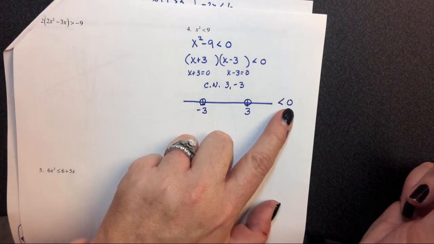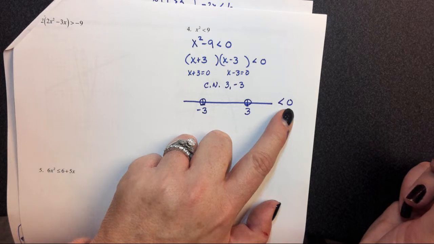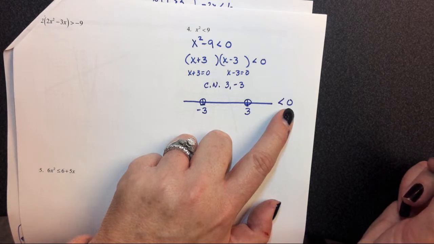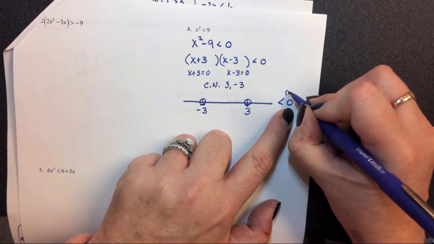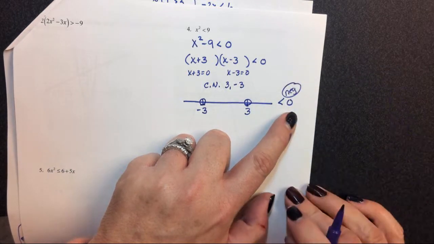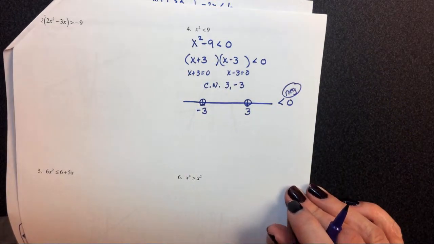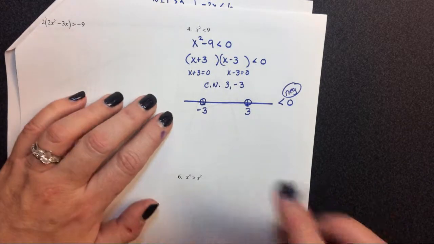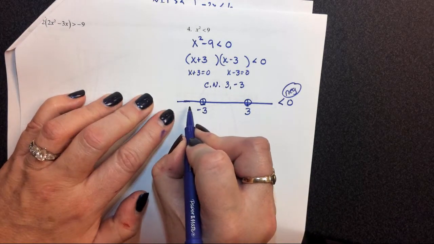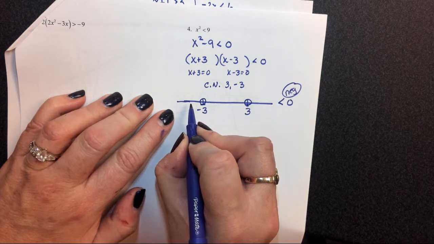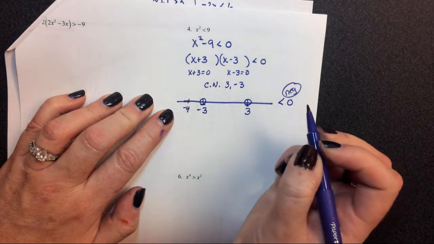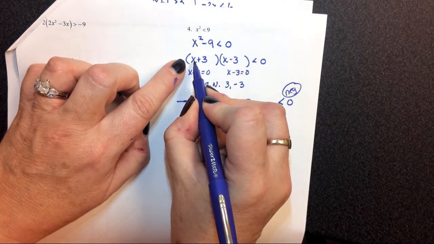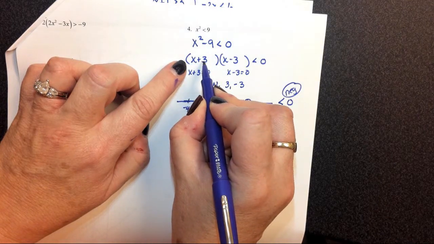So if I'm looking at less than 0, what are going to be my solutions, positive or negative? Negative. That's why I write that right away next to my number line, so I know exactly what intervals I'm looking for. So now I'm going to plug in a number less than negative 3. Give me a number less than negative 3. Negative 4. If I plug negative 4 in for x, well, negative 4 plus 3 gives me a what?